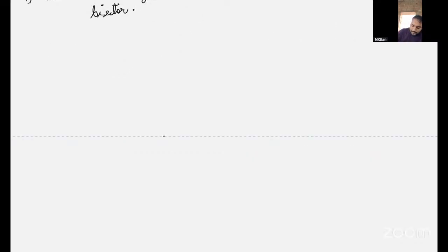So for example, we have one line such that this one is A and this one is B, and you have to draw it for 7.5 centimeter. Understood, everyone?